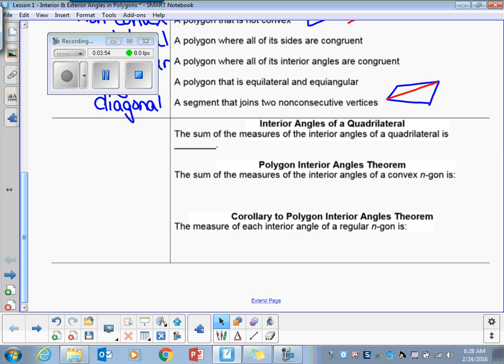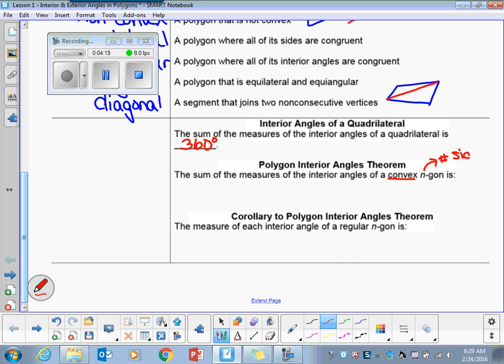Alrighty, absolutely no geometry lesson is complete without some theorems. So, what are the theorems for today? Well, the sum of the measures of the interior angles of a quadrilateral is 360 degrees. We have a polygon interior angle theorem that says if you have a convex n-gon, what does n mean? The number of sides.